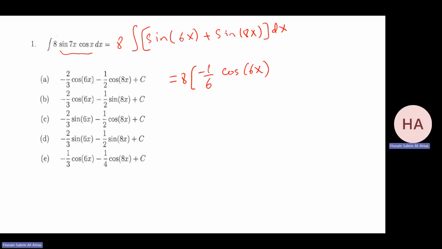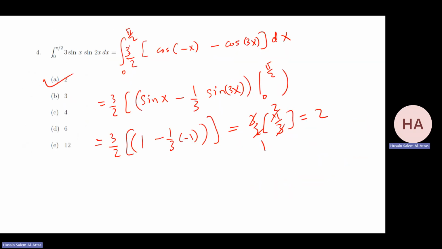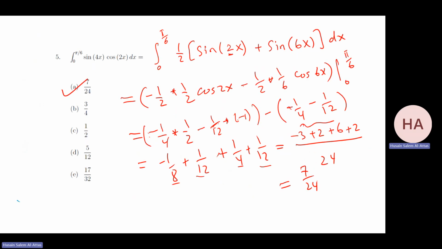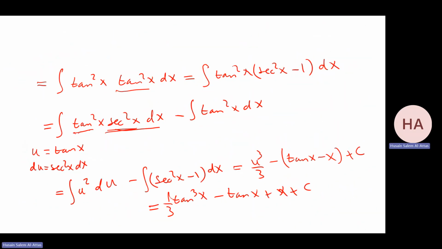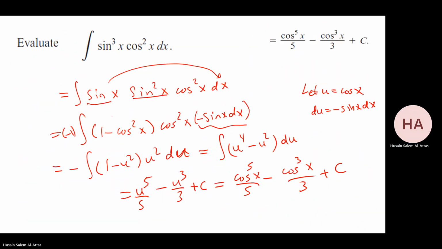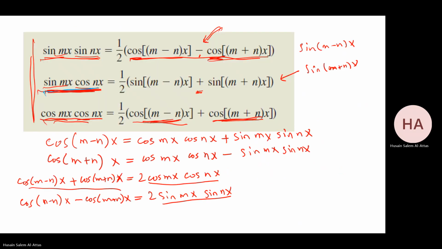And this is half sine cosine, which is sine the difference plus sine the sum, over 2.